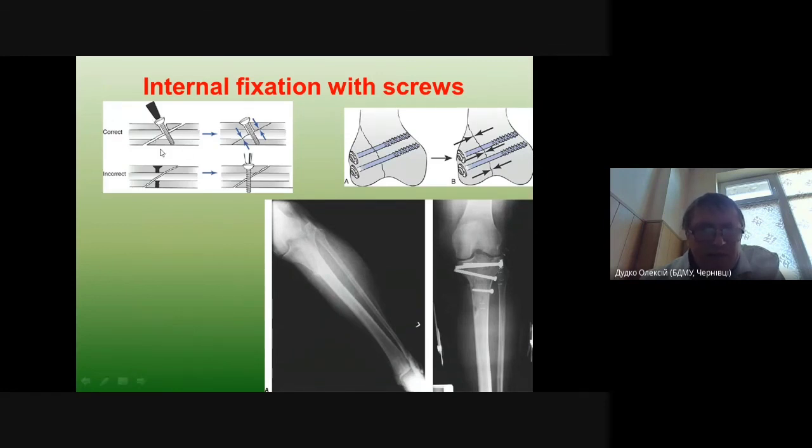They can fix together an oblique plane, with a lag screw, so a partially threaded screw, or we can use the lag technique. We can compress condyles, usually tibial condyles here, femoral condyles, maybe humeral condyles as well.